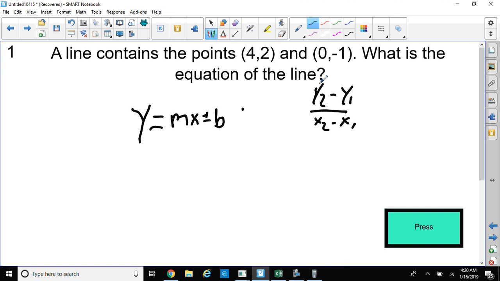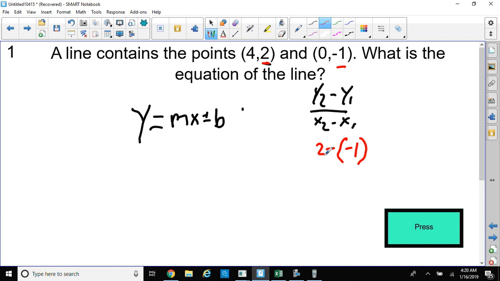My first point, which is (4, 2), has y coordinate 2. So I'm going to put a 2 here, and this is my second y coordinate, which was negative 1. So I first have a subtraction sign here, and then I have to subtract negative 1.